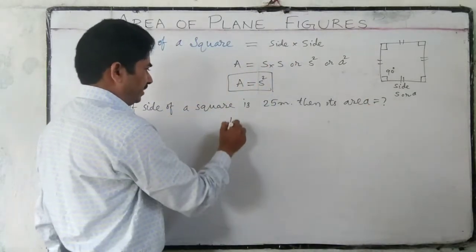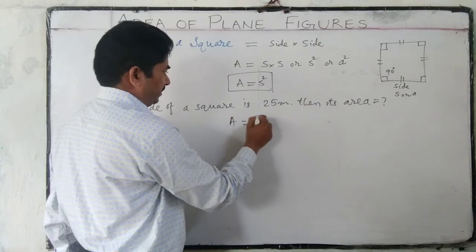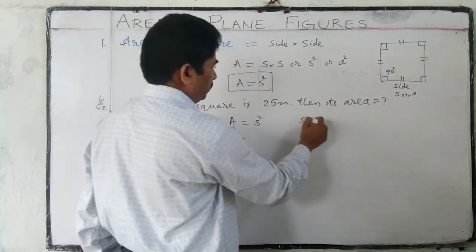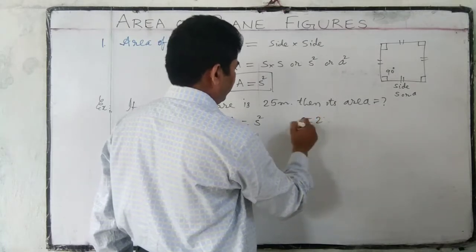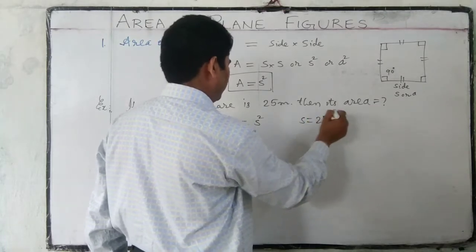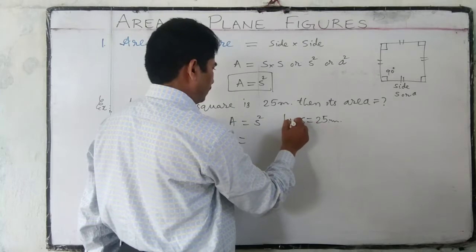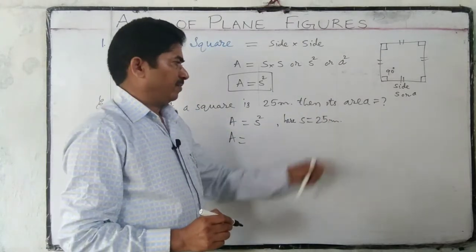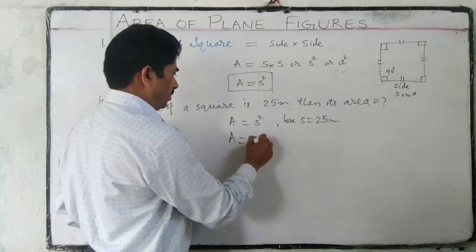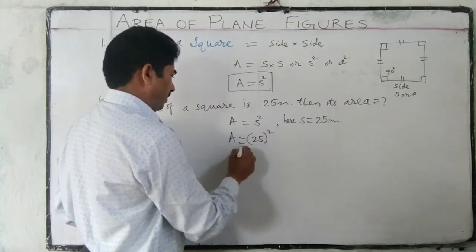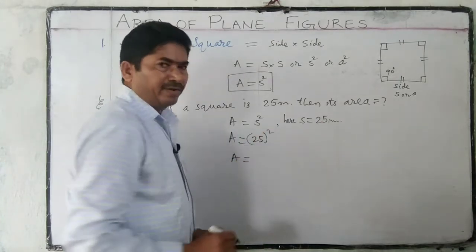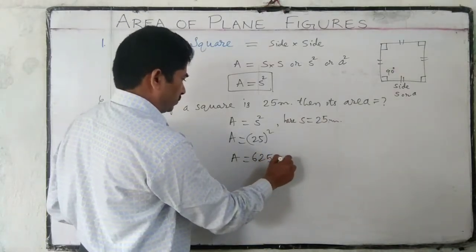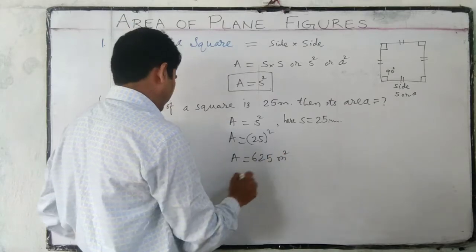So area A is equal to S square. So here given S is equal to 25 meters. Here side 25 meters. So area is equal to 25 square. A is equal to 25 squared is 625 meter square or square meters.